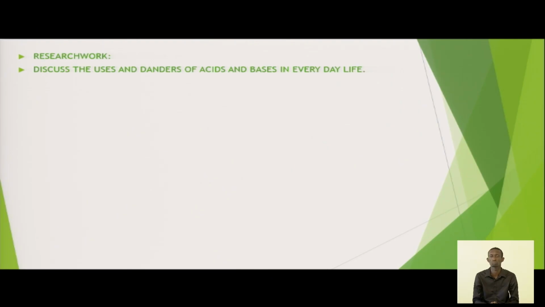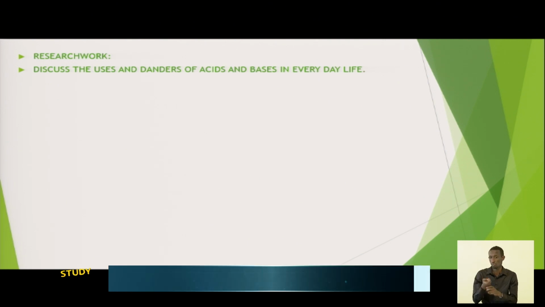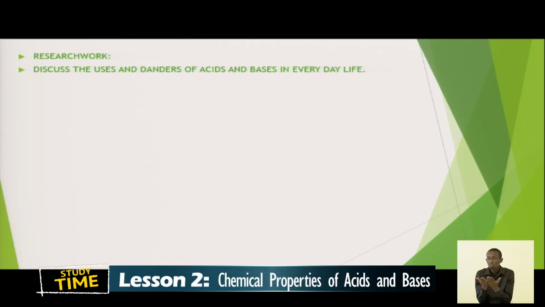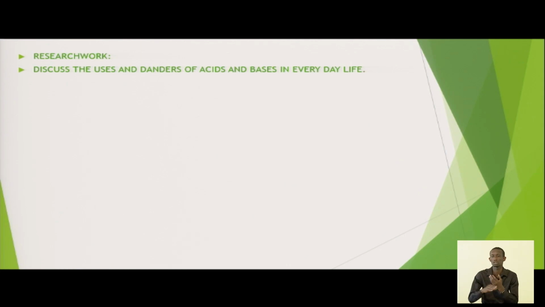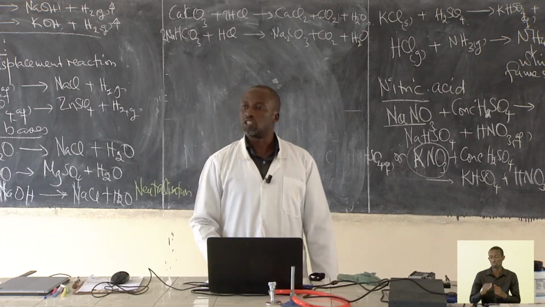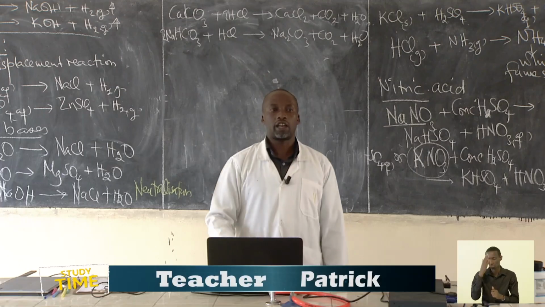Go to the e-learning platform for REB, look for the student book of Senior 3, and discuss the uses and dangers of acids and bases in everyday life. In the next lesson, when I meet you, we'll discuss this, once you have carried out the research.